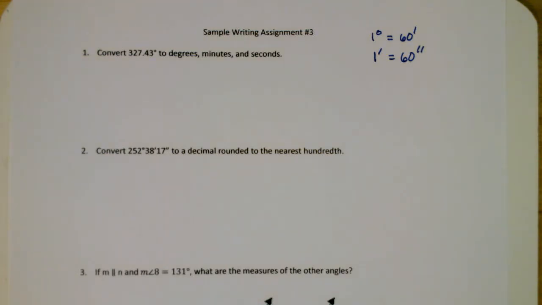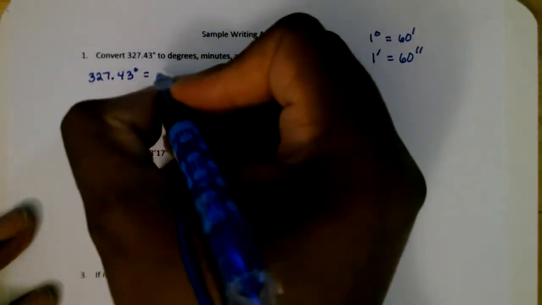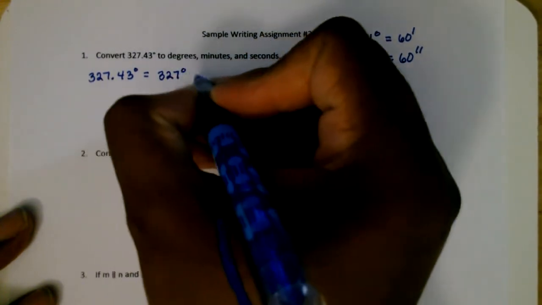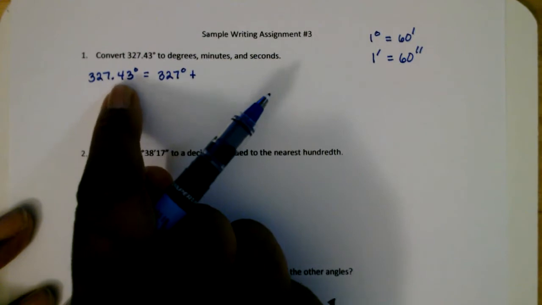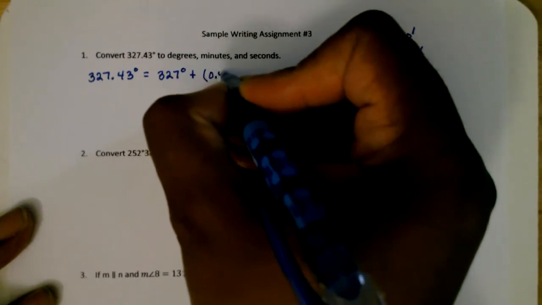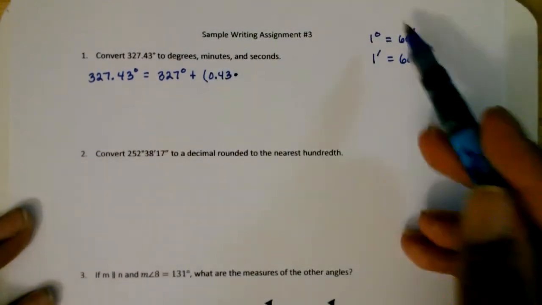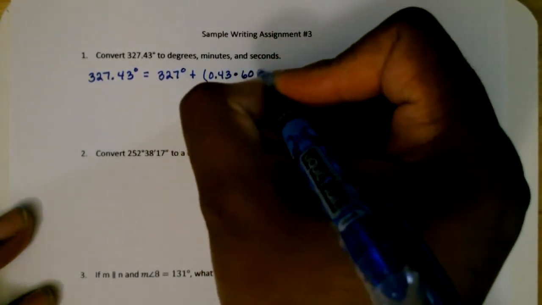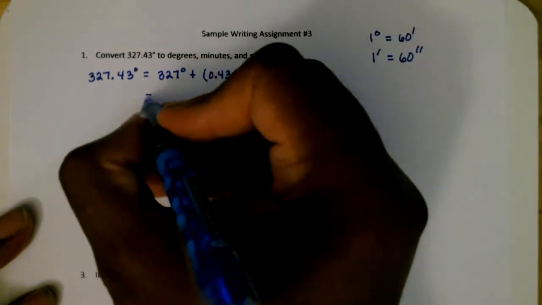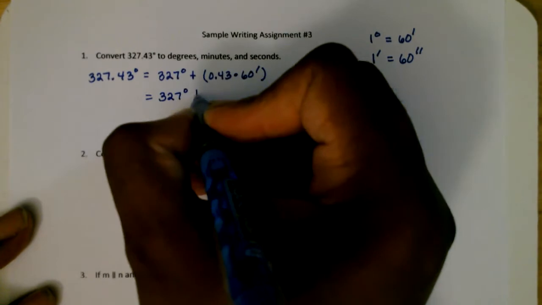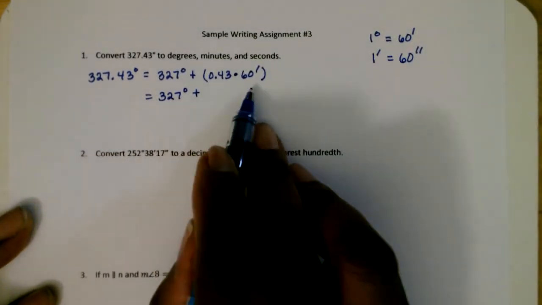All right, so let's start off with the 327.43 degrees. And I want to convert that into degrees, minutes, and seconds. Well, the 327 degrees I'm going to leave as is. It's the decimal part that I need to change to minutes and seconds. So here I'm going to take that 0.43 and multiply it by 60, since 1 degree is 60 minutes. So I've got 327 degrees plus 0.43 times 60.